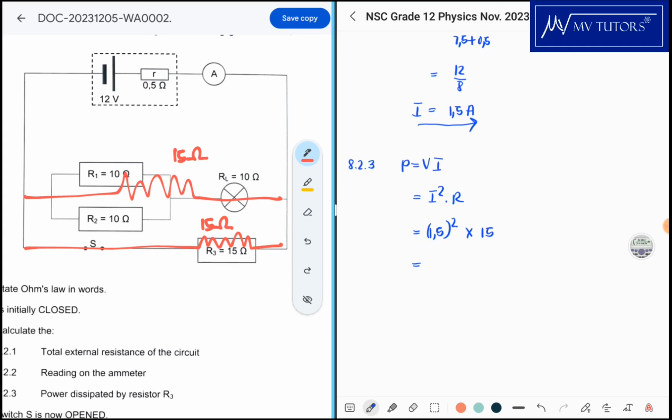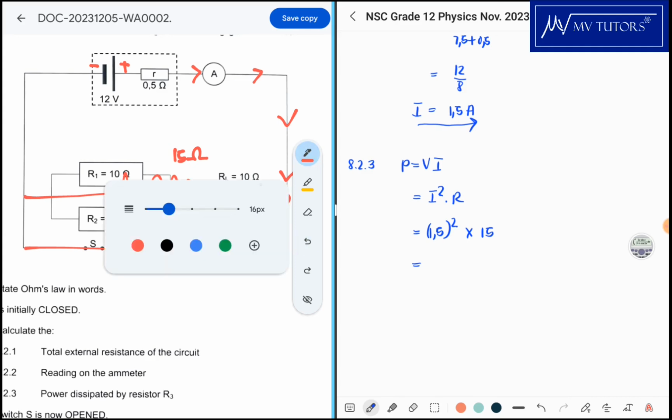So if you have a current, remember this is the positive side, negative side, so the current moves like that. If the current reaches this point, it will have to divide, right? A portion of it goes there, and another portion of it goes there.